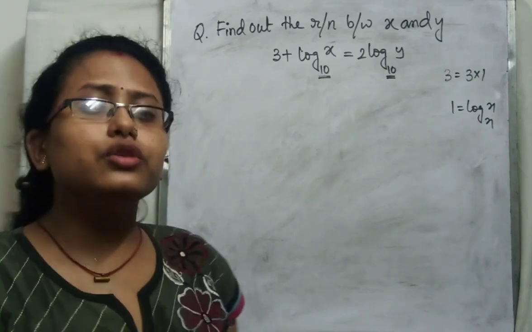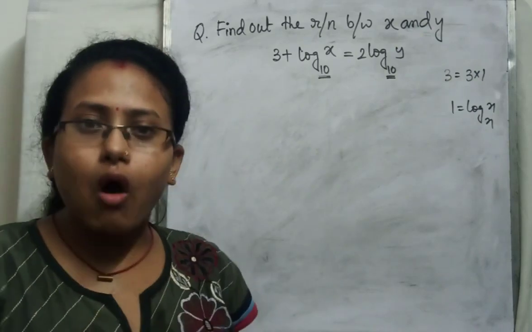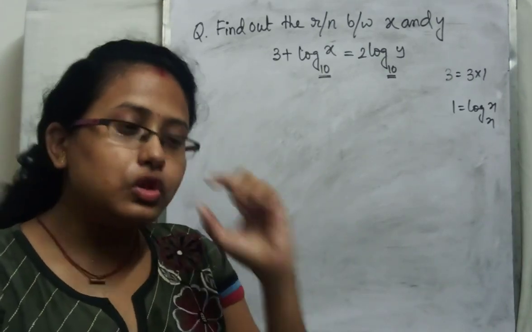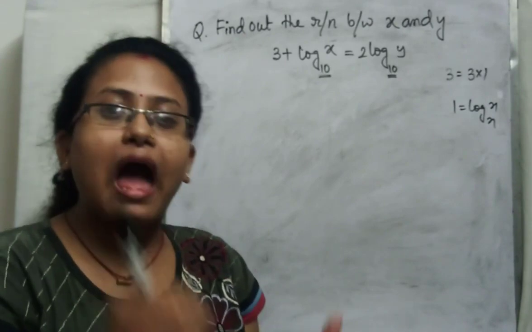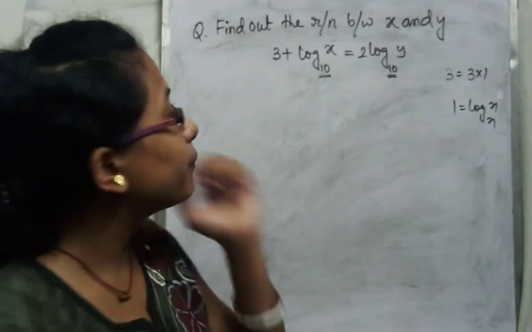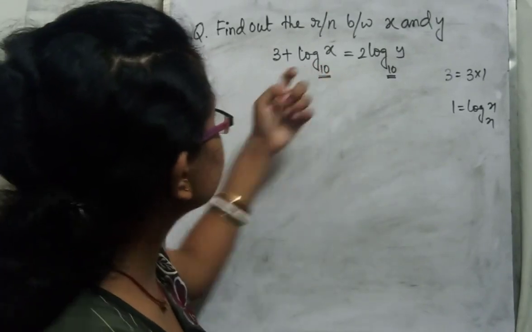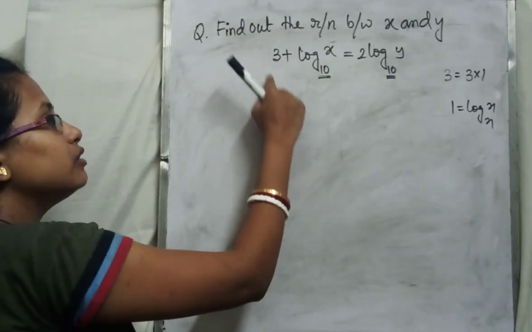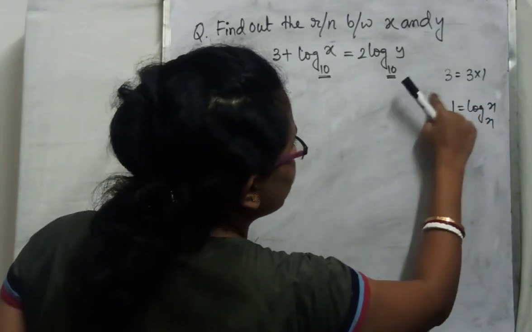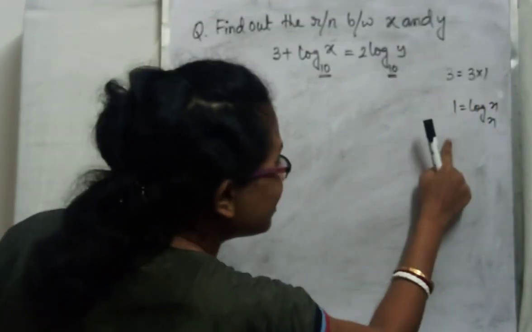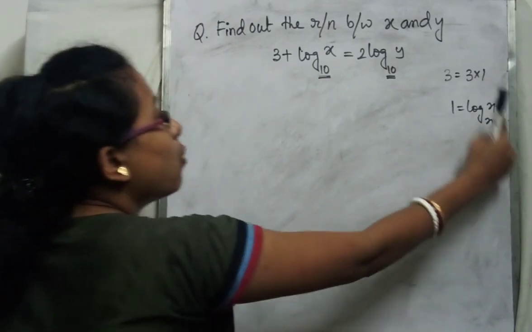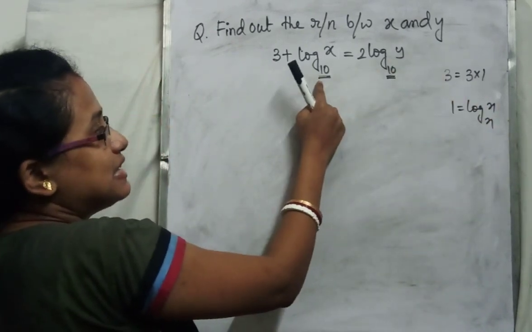Okay, whenever you want a log thing, you have to notice where and how you can introduce log. So the first thing is you have to introduce the log here: 3 is equal to 3 into 1, and 1 can be replaced here by log 10 base 10.